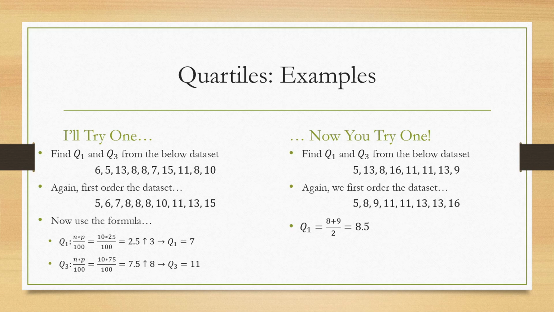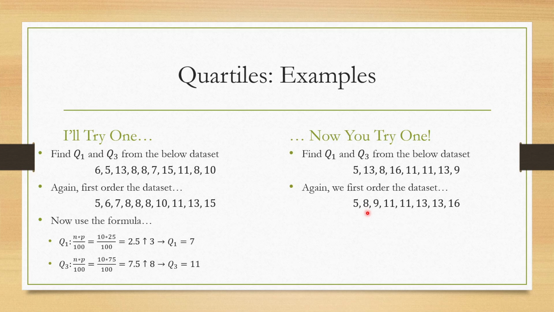Here, looks like my work here is skipping a step. So if I do the 25th percentile and 8, I end up getting the number 2. So 25th percentile times 8 divided by 100 gives me the number 2.